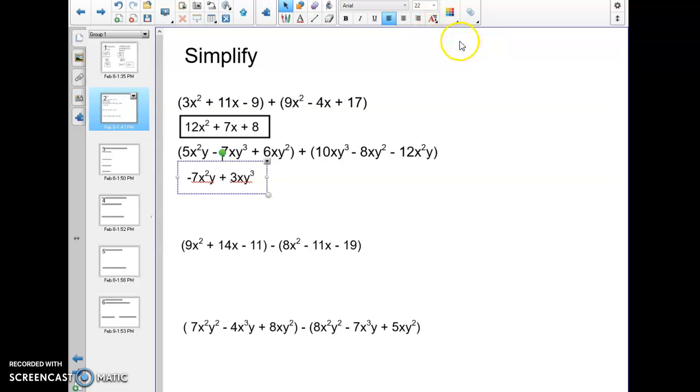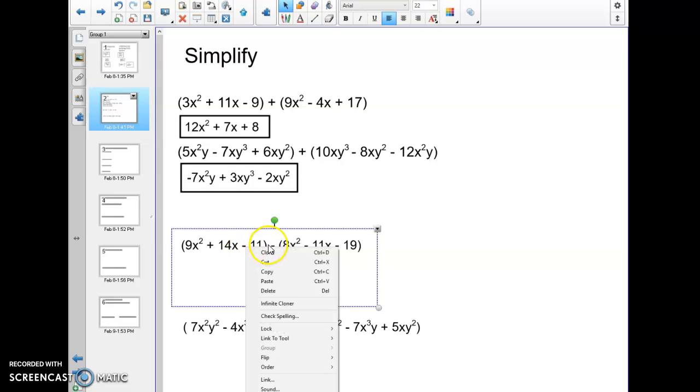And then finally, 6xy squared and negative xy squared is going to be a negative 2xy squared. And once again, we're just combining our like terms here.